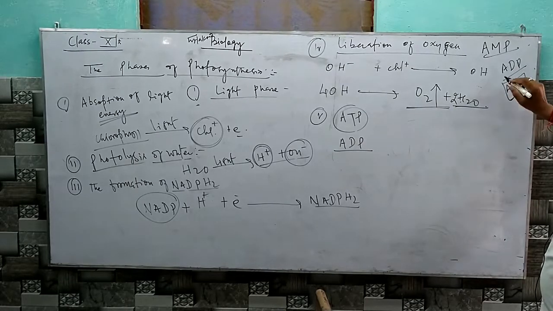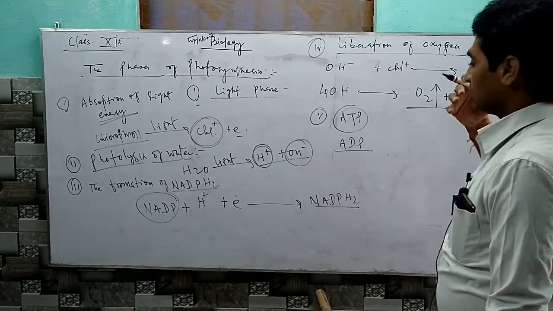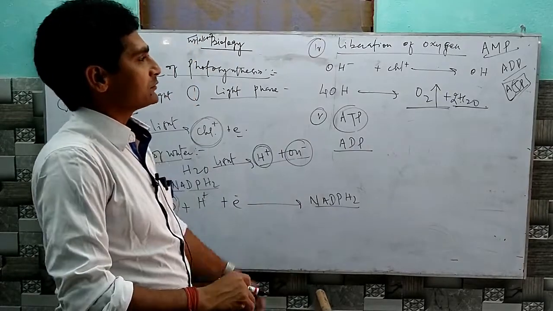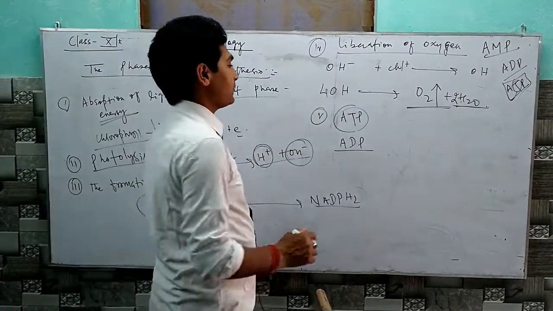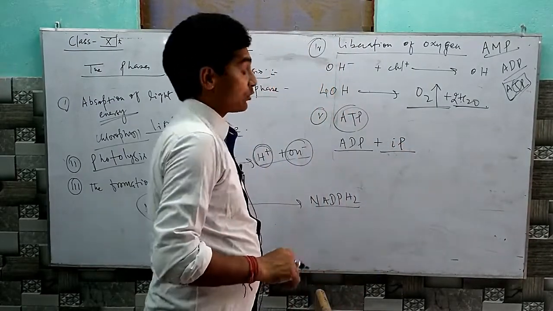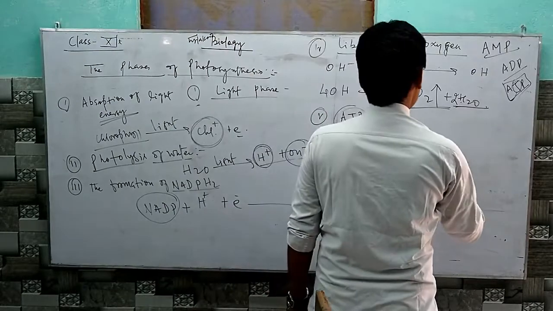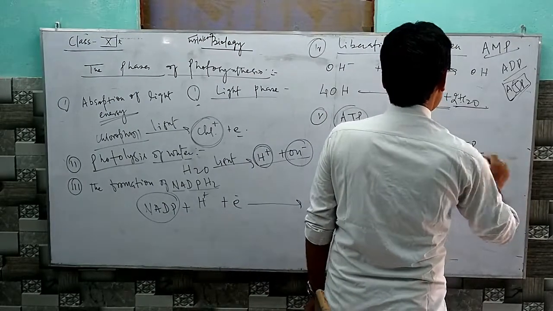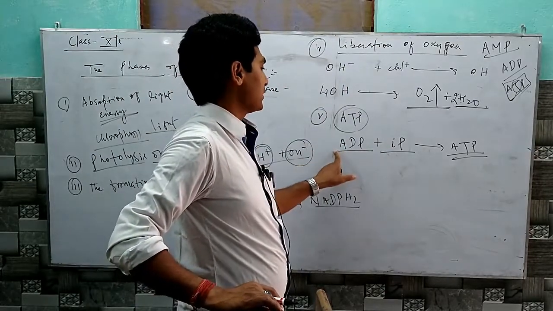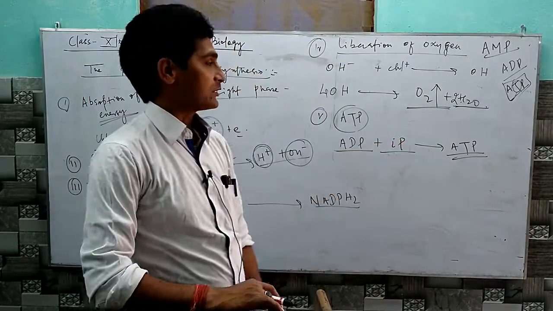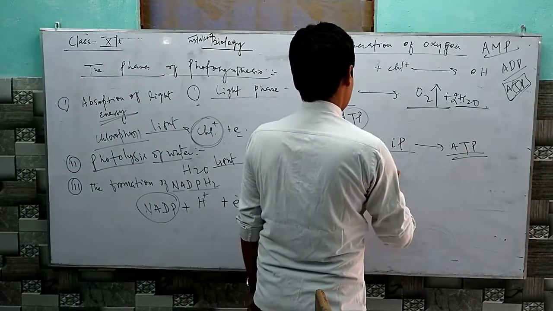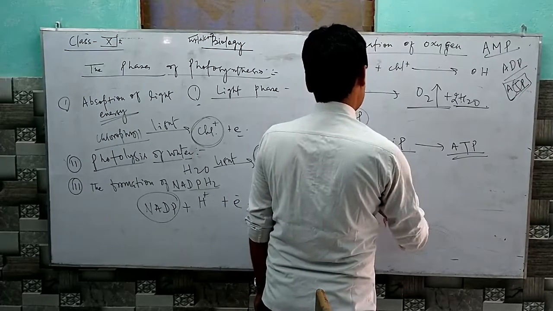This is the main energy currency that is used in the body at the higher energy level, and living organisms directly use energy from it. ADP in the presence of light combines with inorganic phosphate to form ATP. This is the formation of ATP by the combination of inorganic phosphate with ADP in the light phase of photosynthesis. It is called photophosphorylation.